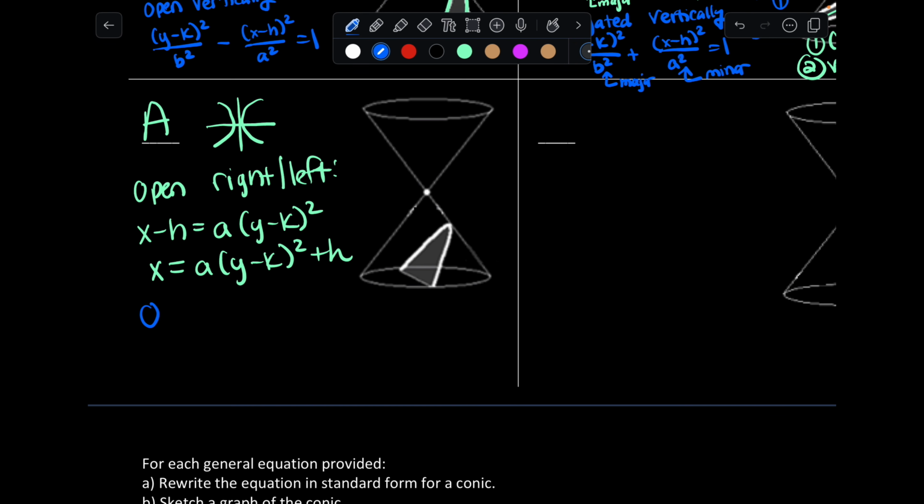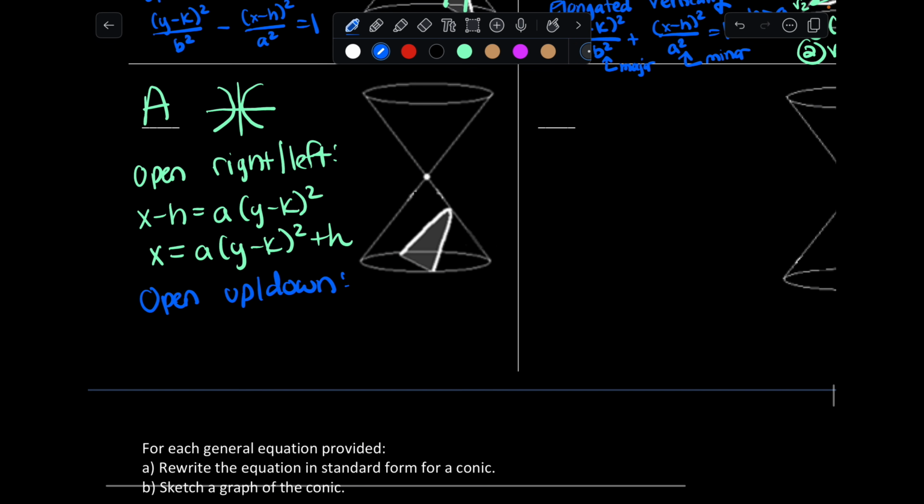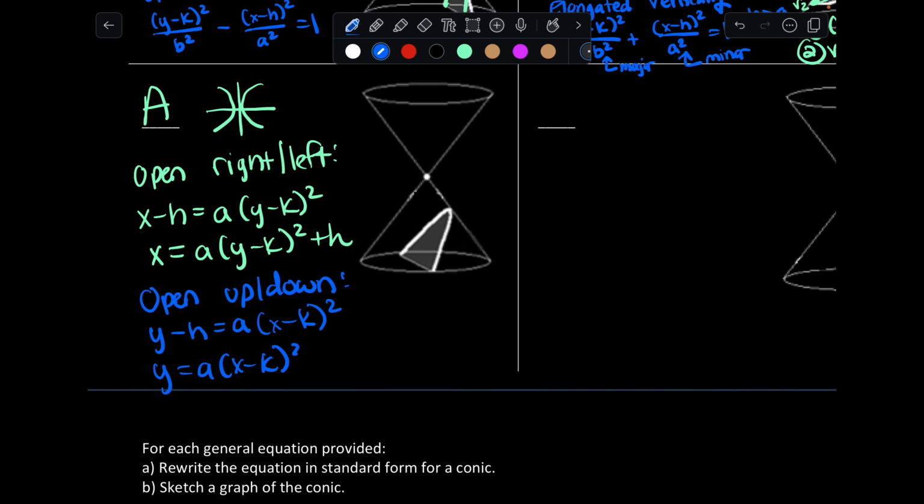Now the one that you guys are used to is the parabola opening up and down, because this is a function, so we see it modeled more often. And that's when y is isolated, so it could be y minus k is equal to a times x minus h squared, or you can see it as y is equal to a times x minus h squared plus k.